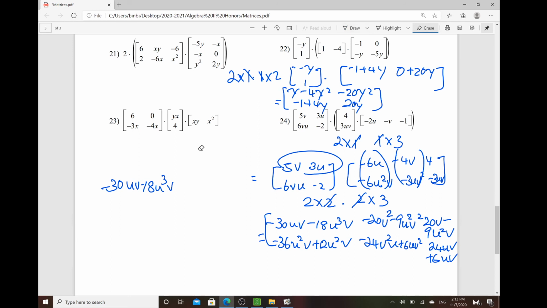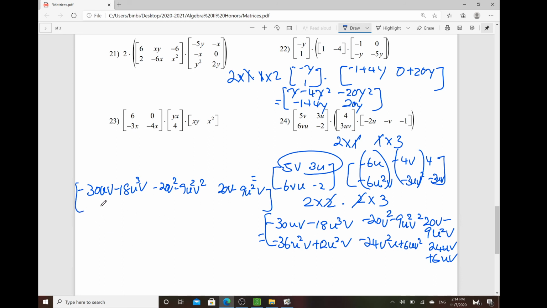Okay, let me just write it a little bit smaller so I do have more space. So negative 30uv minus 18u cubed v. Again, this one, there's no like terms, just leave it. Negative 20v squared minus 9u squared v squared. This one too, there's no like term. 20v minus 9u squared v.